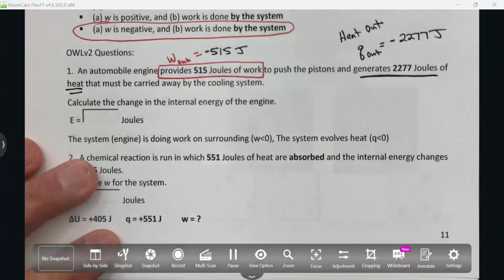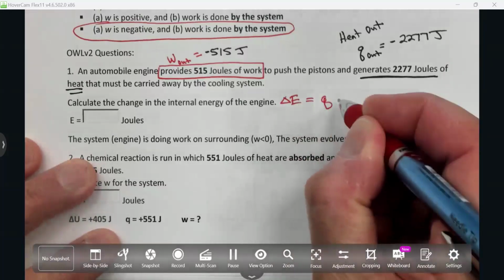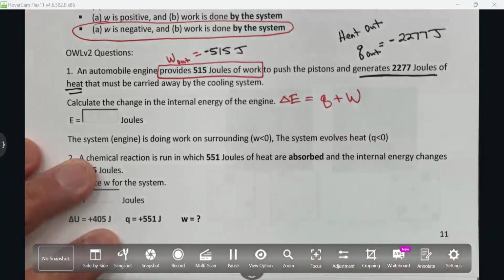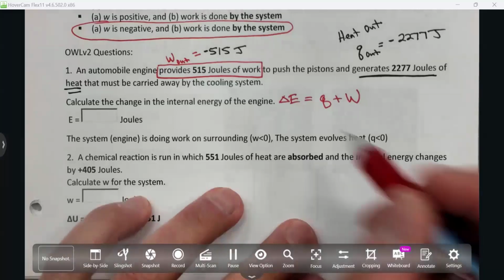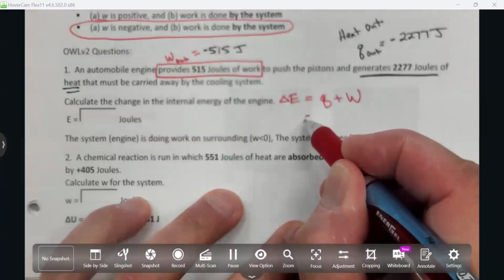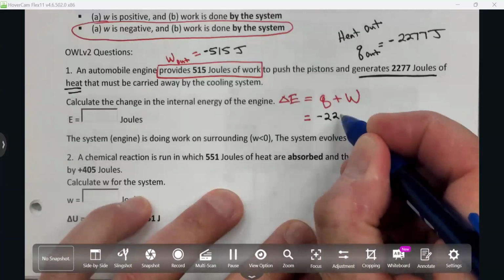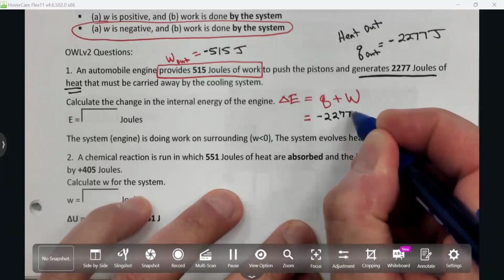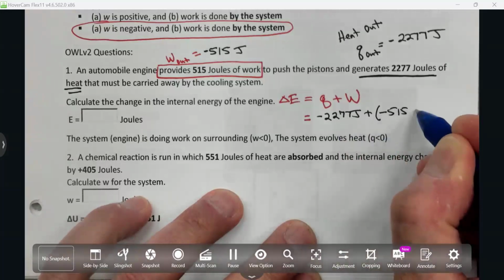Calculate the change in internal energy. My change in energy, Q plus W. So it looks like we'd have negative 277 joules plus a negative 515 joules.